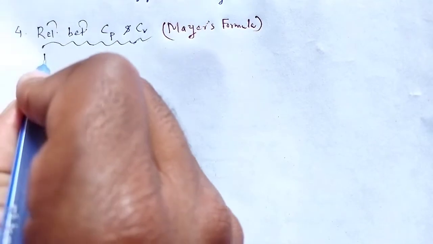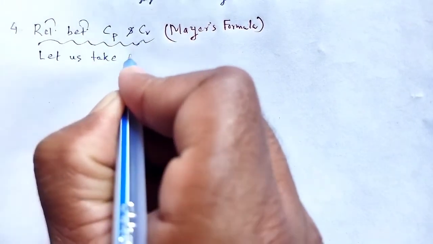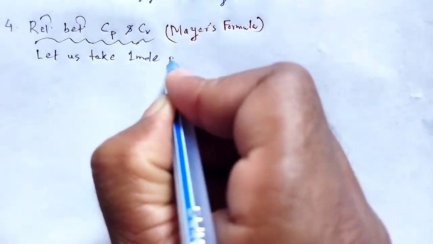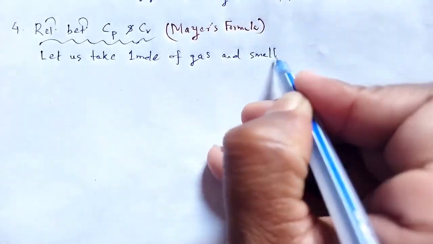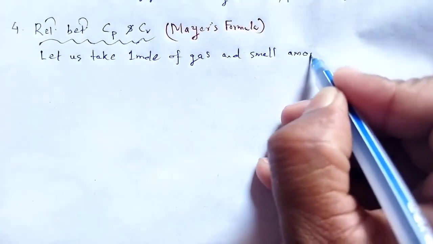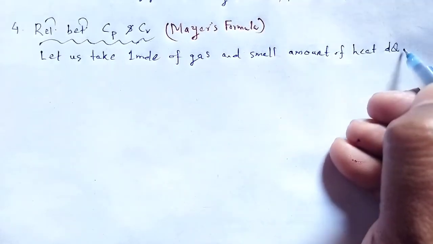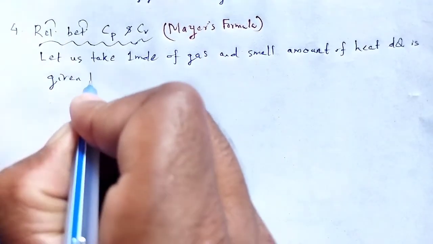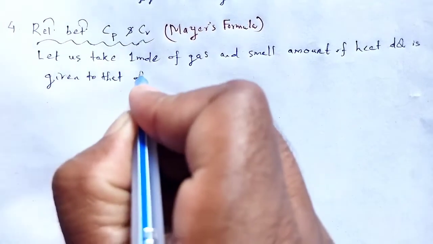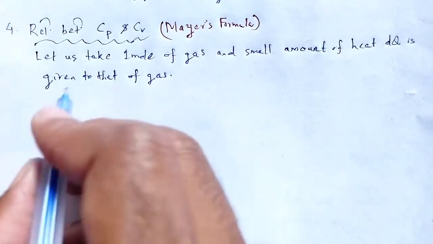Let us take 1 mole of gas and a small amount of heat dq is given to that gas. Then according to the first law of thermodynamics, what do we have?